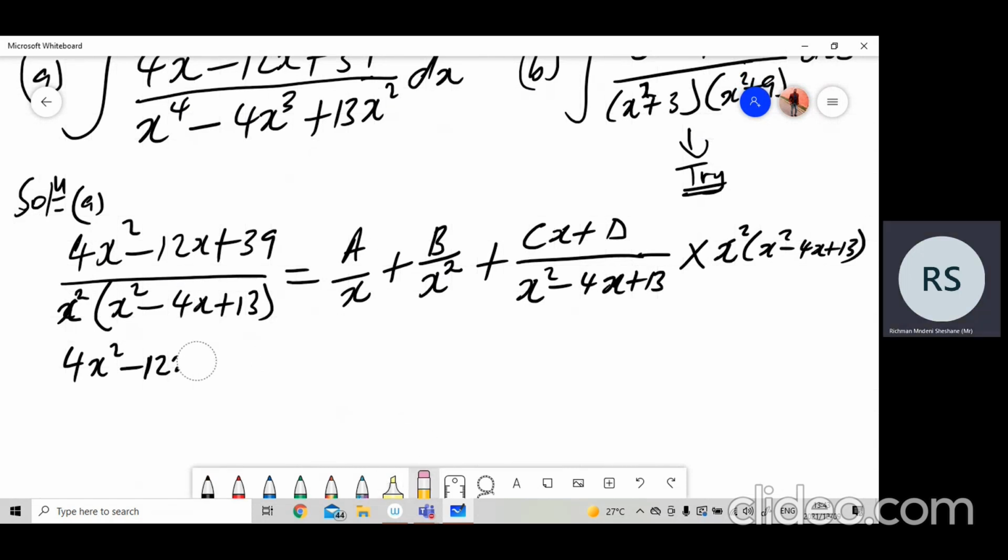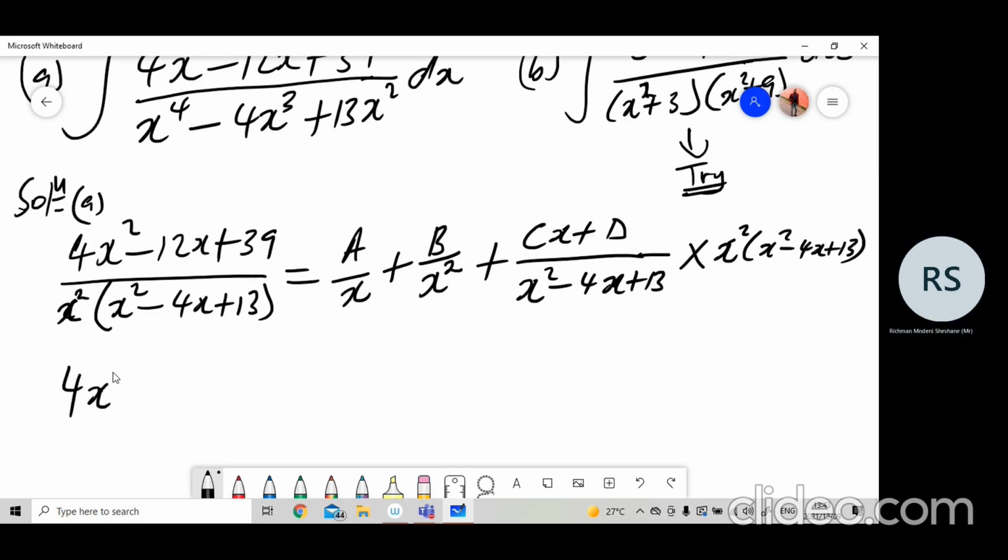Because of the space, let me rewrite this. Let's multiply this to the left hand side. It's going to cancel, so we're going to have 4x squared minus 12x plus 39, equal to, when we multiply this into the right hand side, start with the first term.